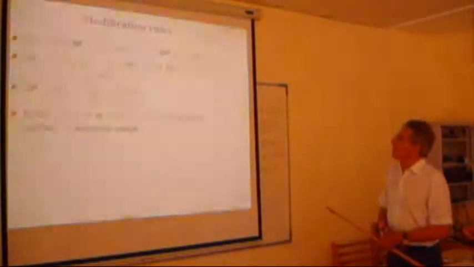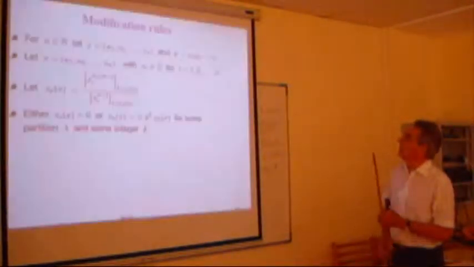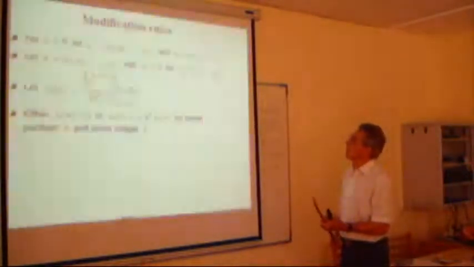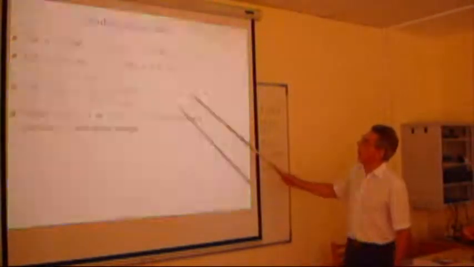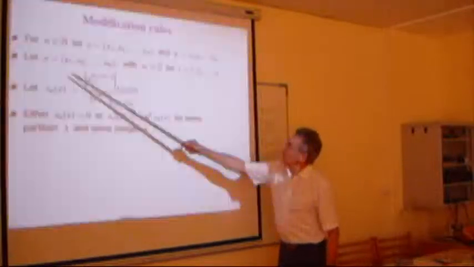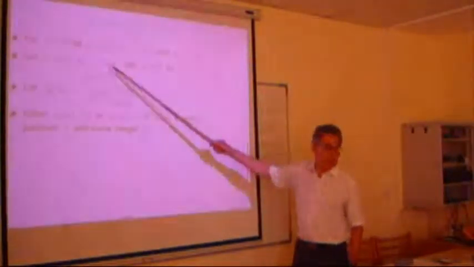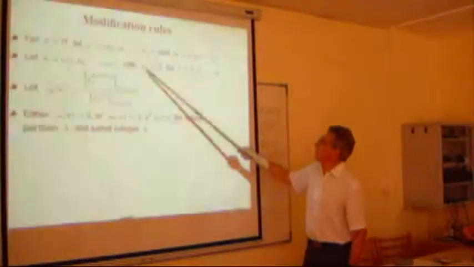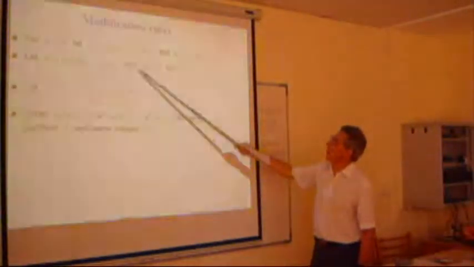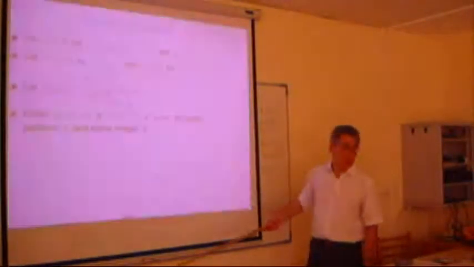How are we going to do that? Well, we need a number of results, including some modification rules. Kappa here is not necessarily a partition. This is just a sequence in which the kappa i's, the components, are integers, positive, negative, or 0.